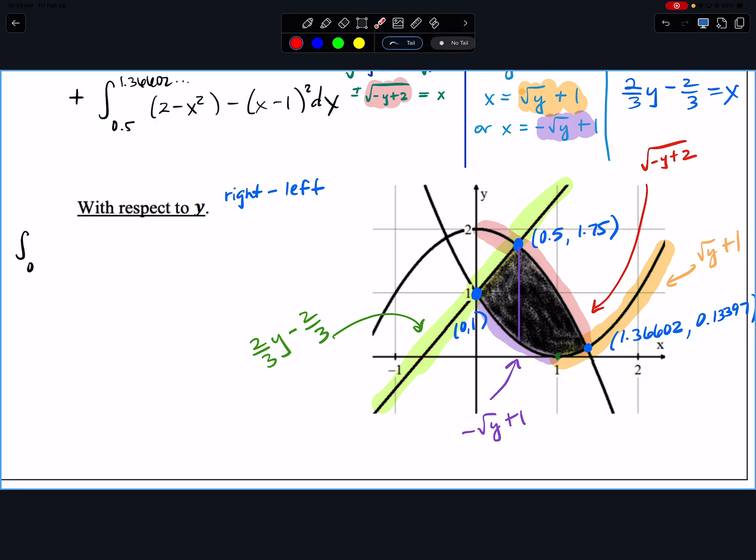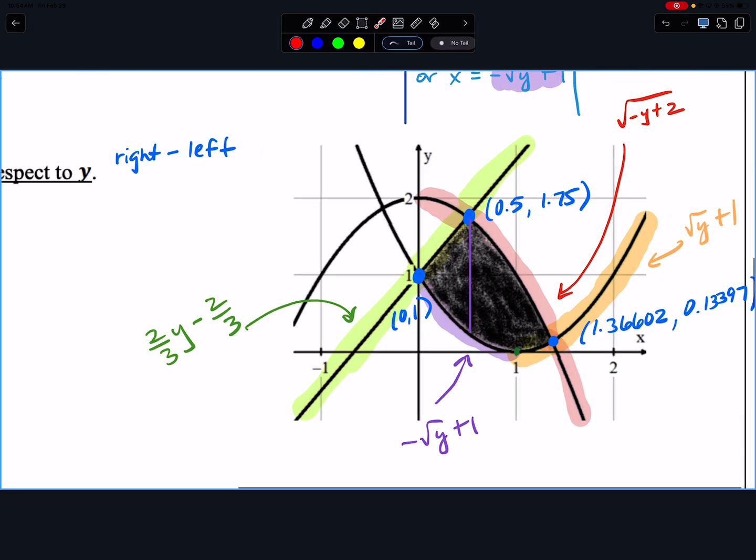Now, right now, this right here is this red graph right here. At the very beginning, this is the right function, the red graph. Oh, I'm sorry. No, it's not. My bad. It's the orange.